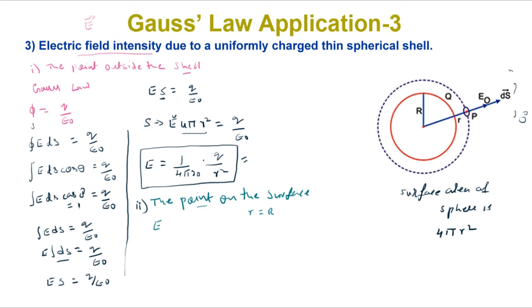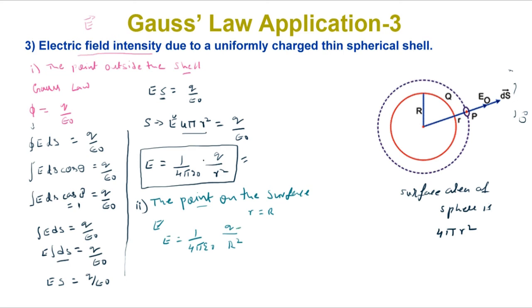So E is equal to 1 by 4 pi epsilon naught times Q, and in the place of small r, we just change it to capital R.